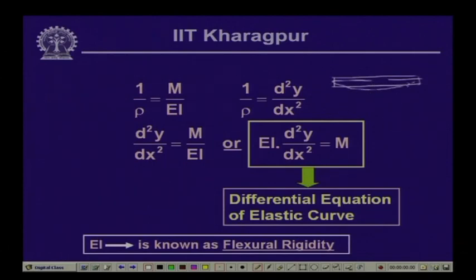In terms of curvature, 1 by rho is called the curvature, which we can write as d2y dx2, where y is the deflection of the beam with respect to its original position.